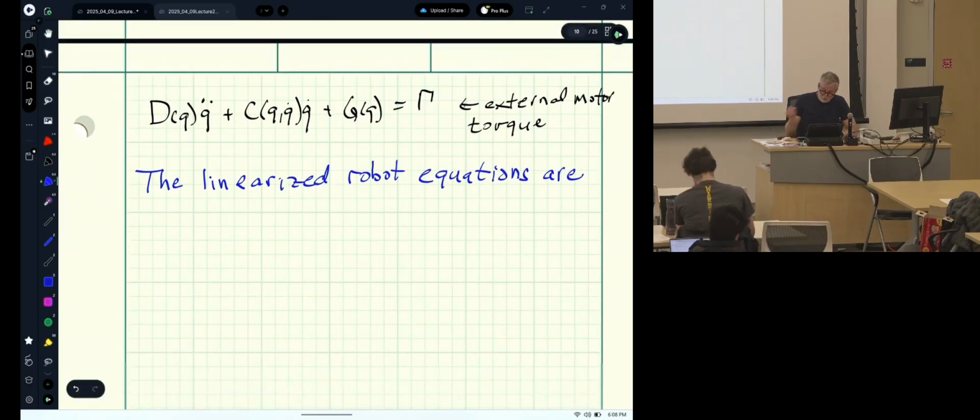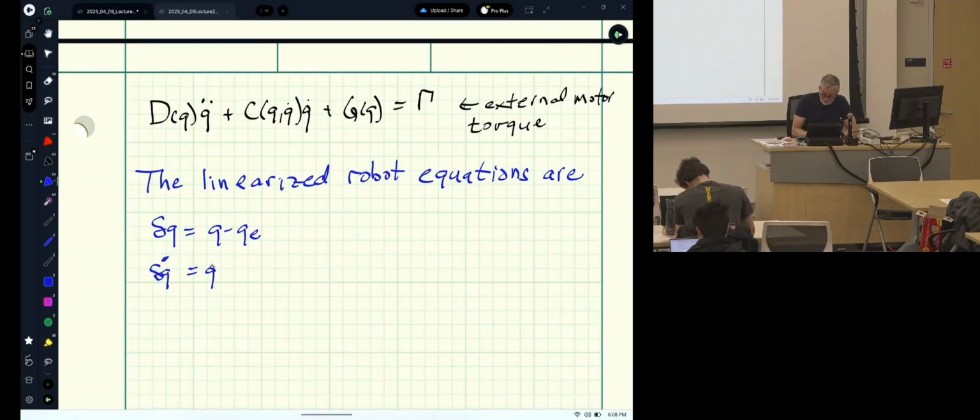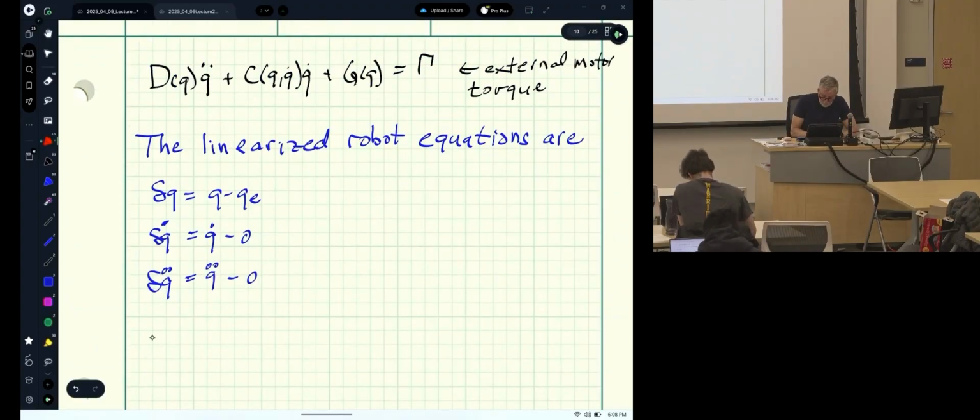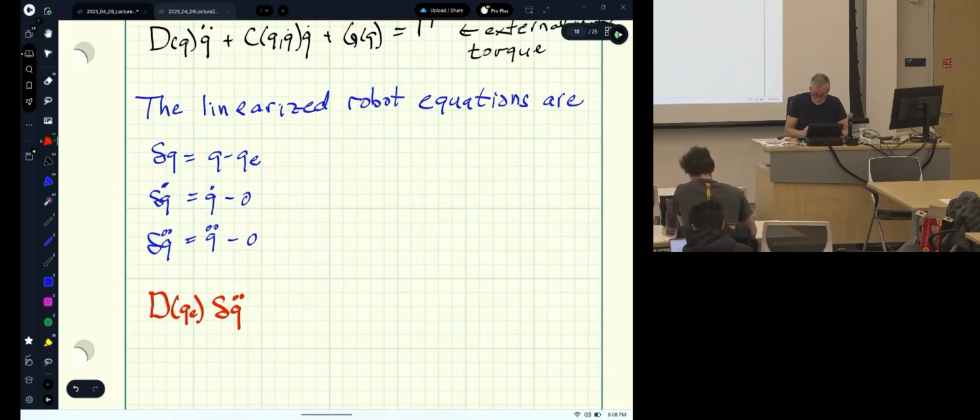So for the linearized robot equations, we define delta Q to be Q minus QE. So QE is everything straight up. Delta Q dot, and then this is 0. Delta Q double dot, and then, so we just differentiate. And then the linearized robot equations are this. The C drops out.